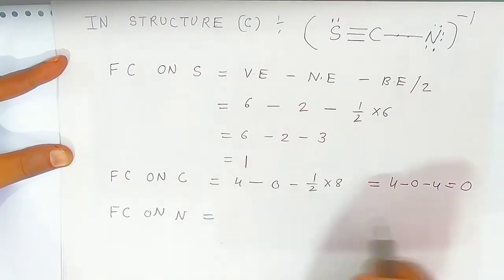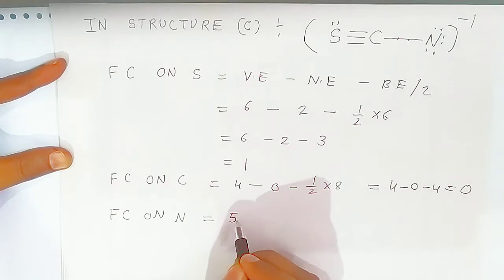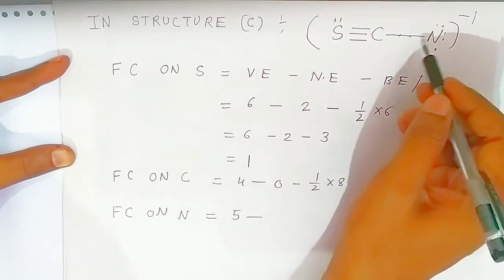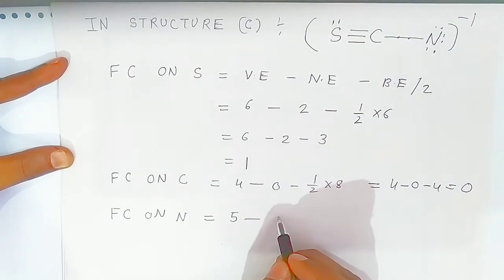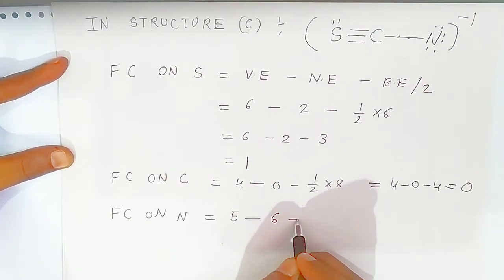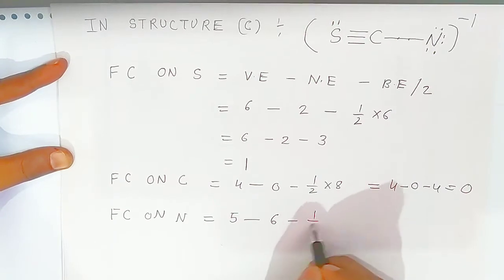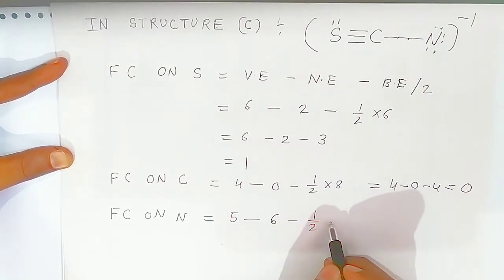So 2, 5 will be the electronic configuration. 5 will be the valence electrons minus non-bonding electrons. Students, you can see here 2, 2, 3, 6 non-bonding electrons are there, minus half of the bonding electrons, that is 2 electrons which are there in the bonding.